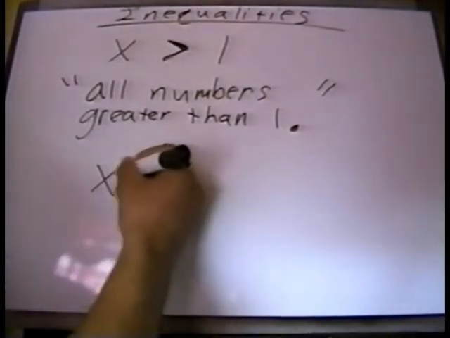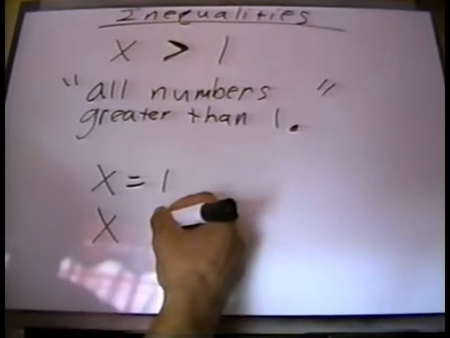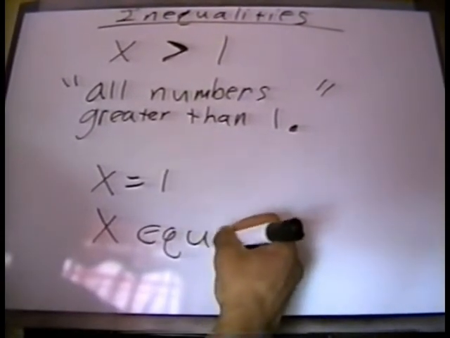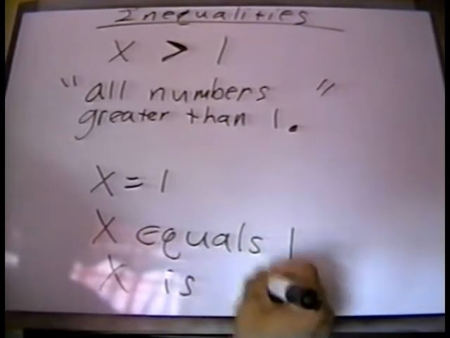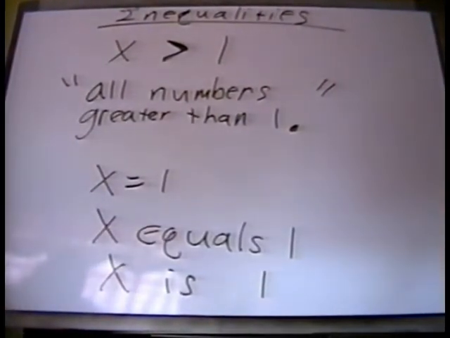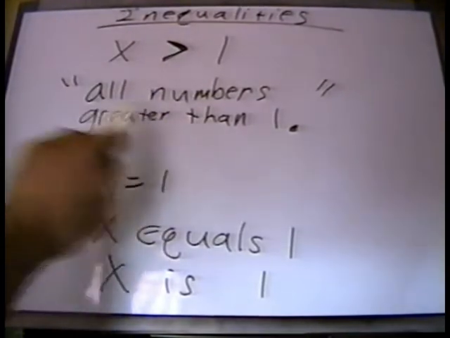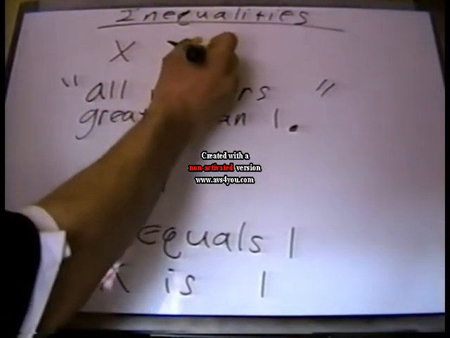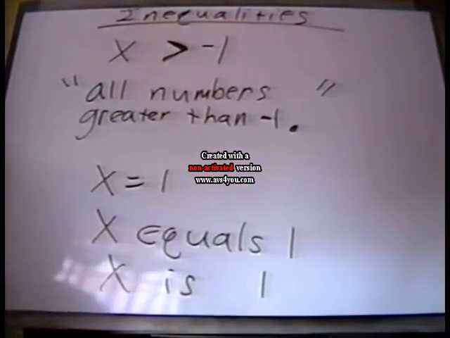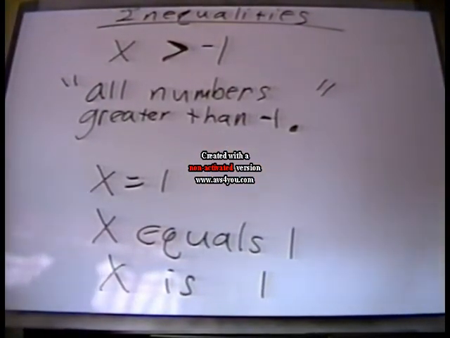If I say x is equal to 1, that simply means x equals 1, or x is 1. Okay? Here, x is all numbers greater than 1. If I write a -1 right there, that means all numbers greater than -1.